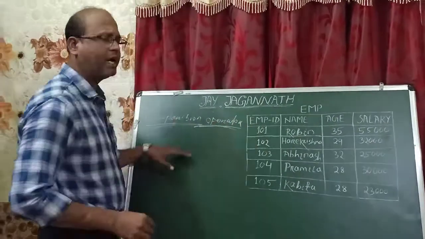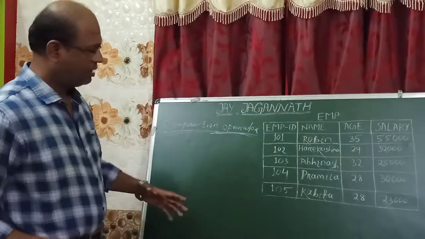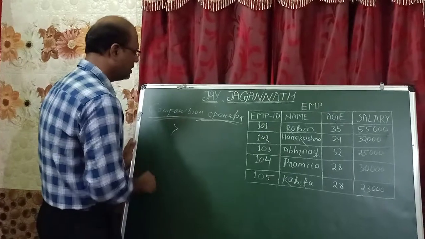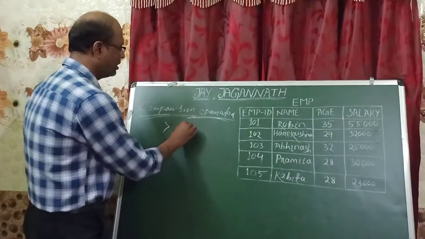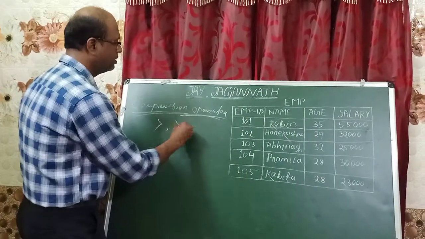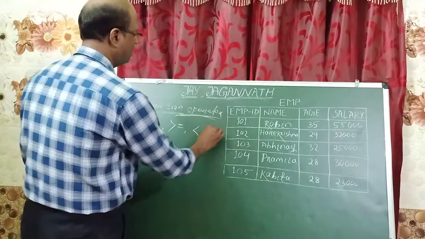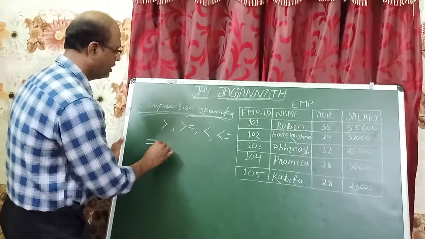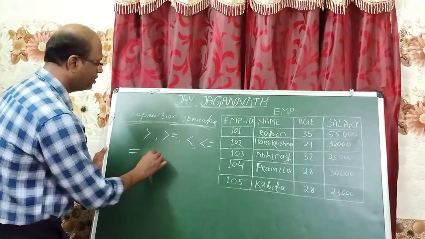From an arithmetic point of view, there are some comparison operators. You already know greater than, greater than or equal to, less than, less than or equal to, and not equal to.